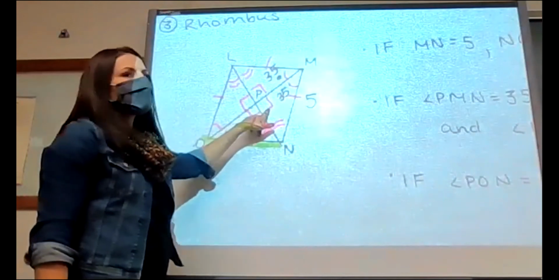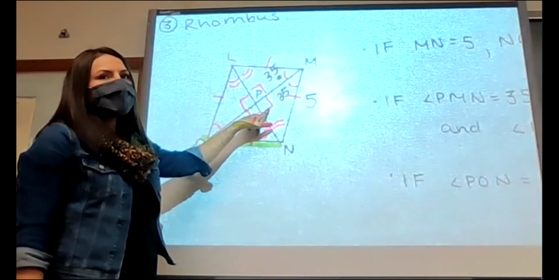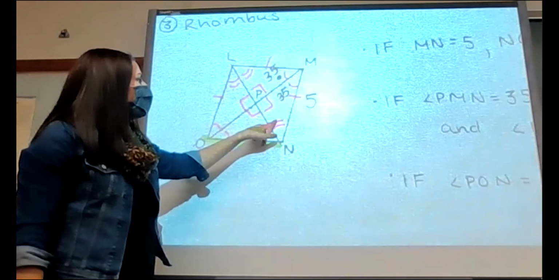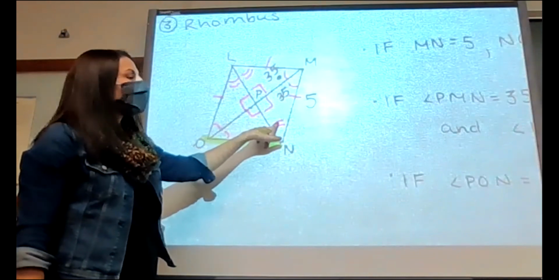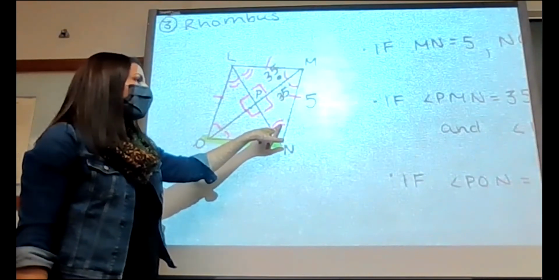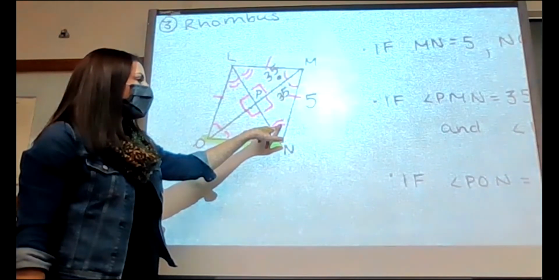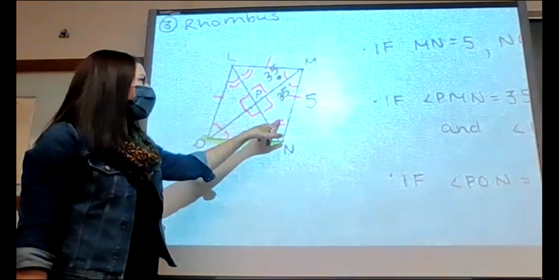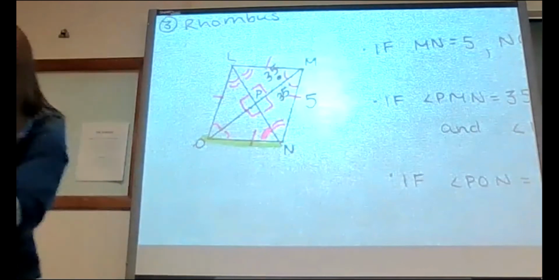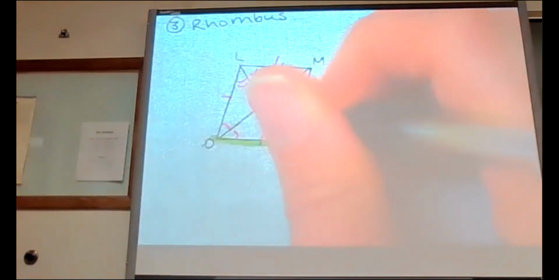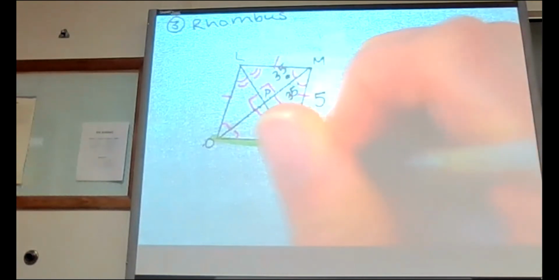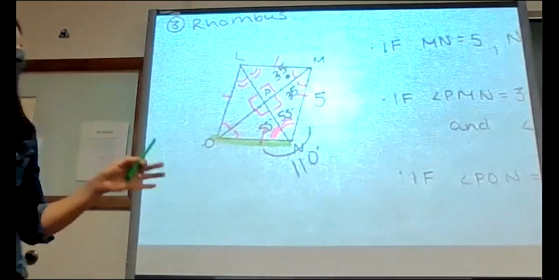I have 35 and 90, so I have 125 degrees. And so this half of that angle we're looking for would be what? 55 degrees. That's not our total answer though. If this is 55, the other half is 55, and the whole angle is 110.